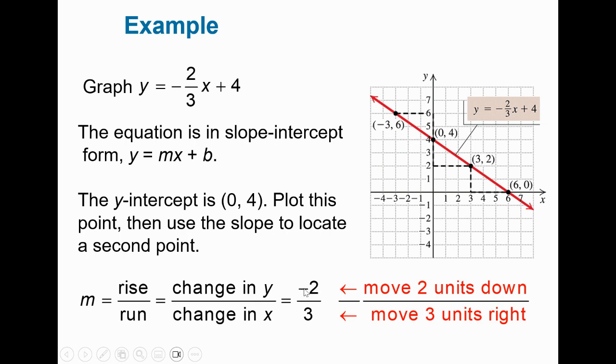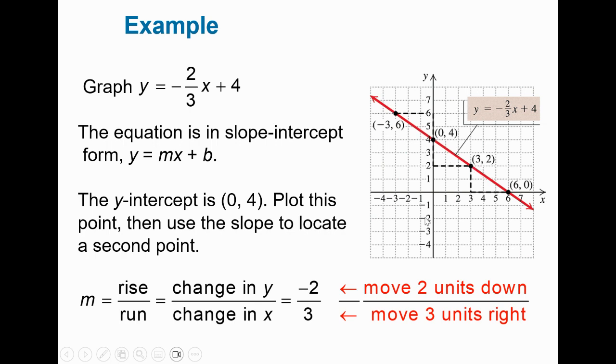Here they're putting the negative sign in the numerator. So he says, from my y-intercept, I want a vertical change of negative 2. So from 0, 4, I want to come down 2, then I want a horizontal change of positive 3. What that does is determine a second point for me.